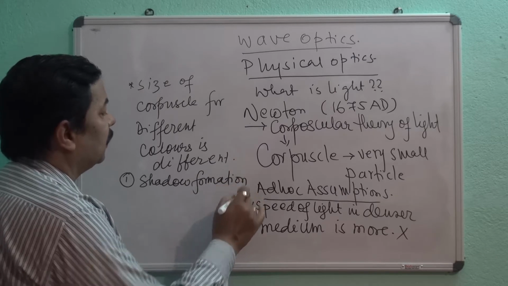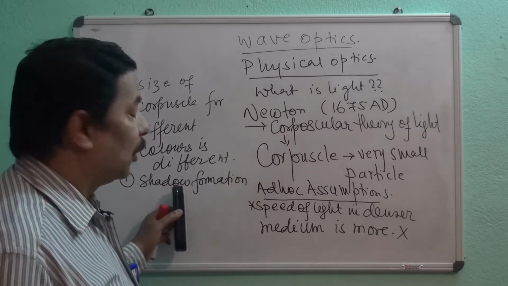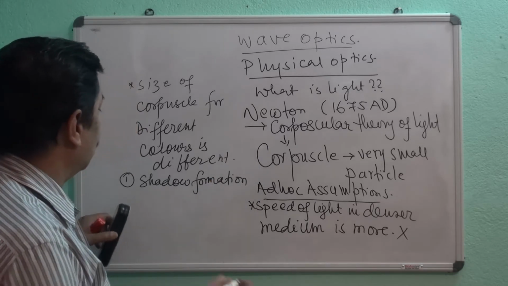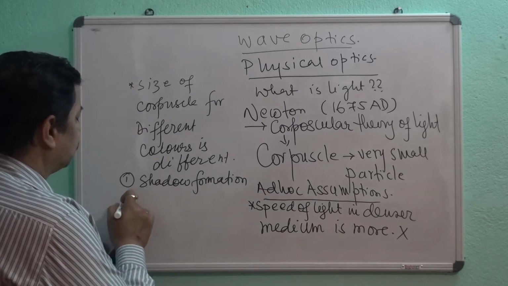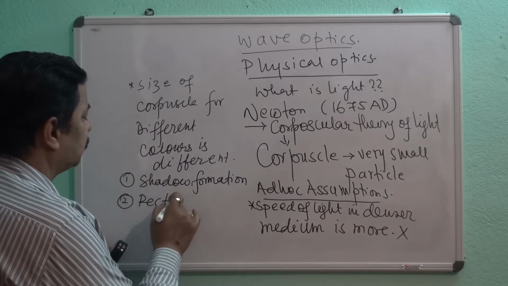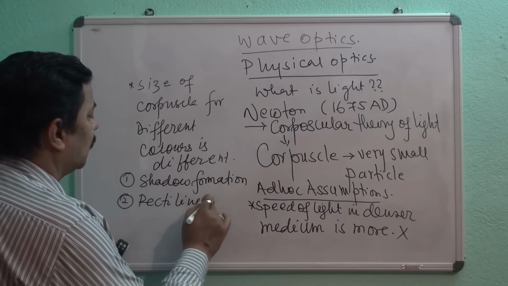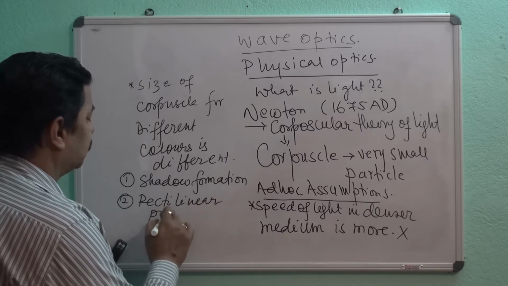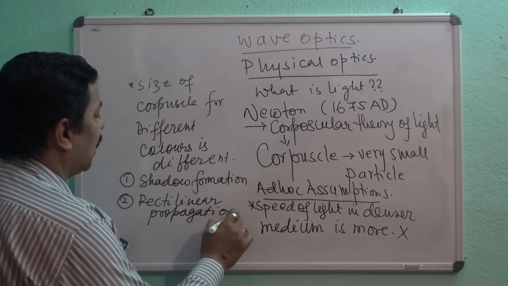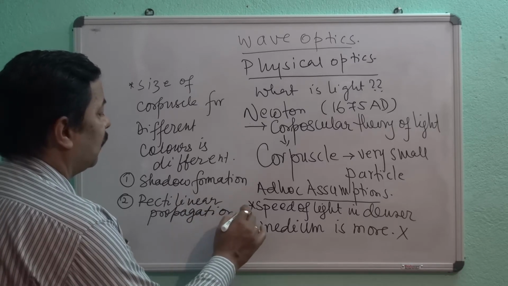Shadow formation was the first phenomenon that was successfully explained with Newton's corpuscular theory. Then he explained rectilinear propagation of light.